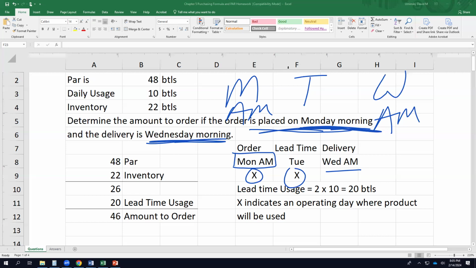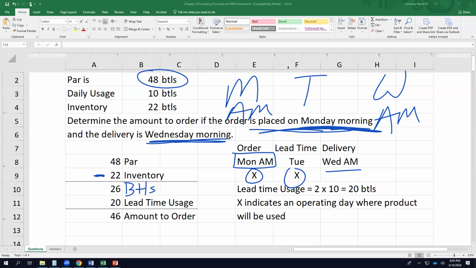My goal is I want to be up to par. When that truck drives away, I should be up to at least 48 bottles. Questions, comments, concerns? So this is how we do this. Our par minus the inventory is 26 bottles.